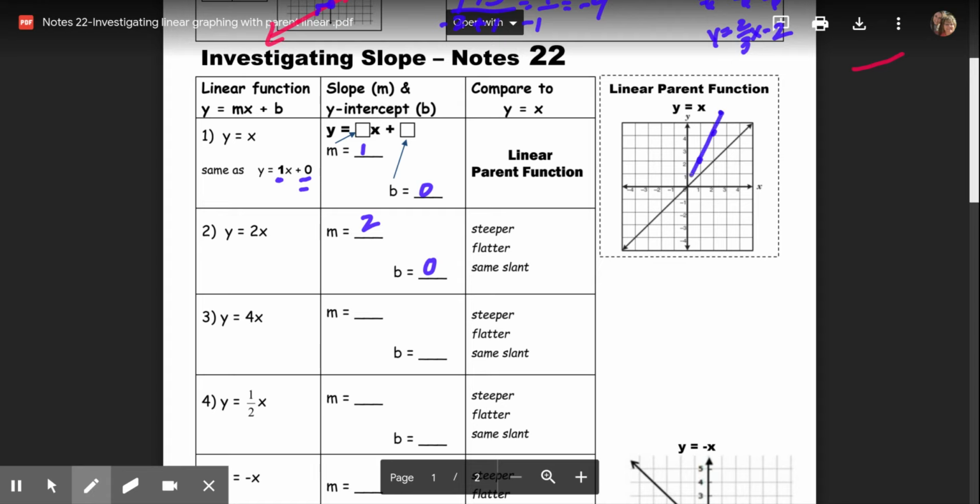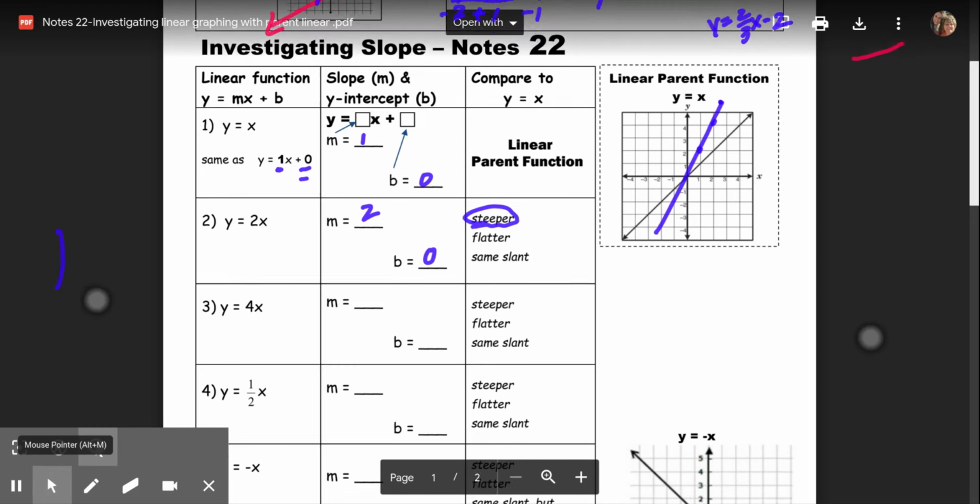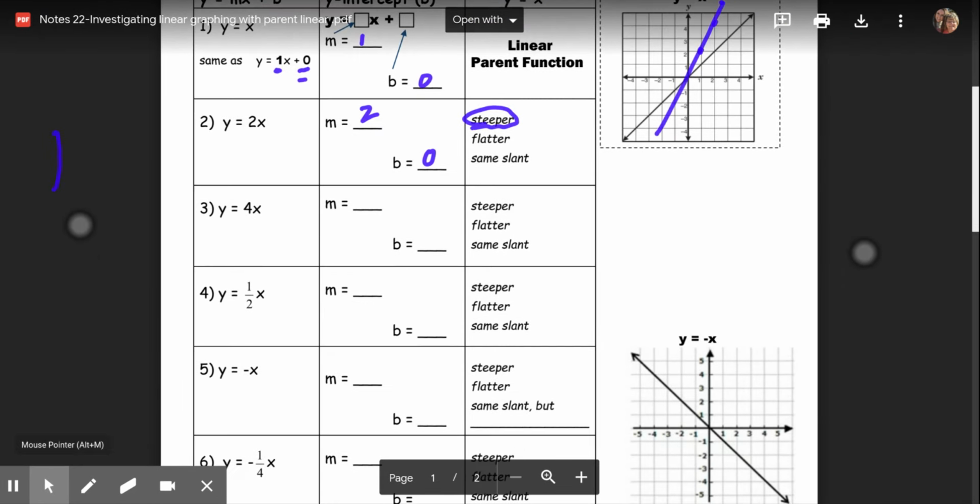So it looks like this over here. You can see that it is steeper, because it goes from a 1 to a 2. It's not flatter, it doesn't have the same slant. All right, let's take a look at the next one, problem 3.